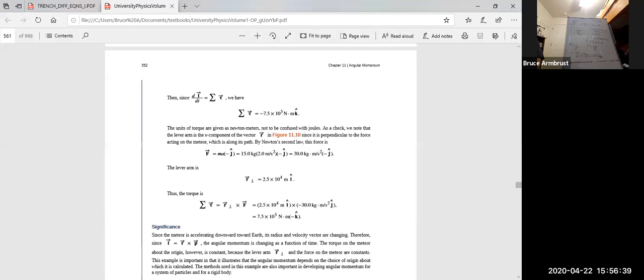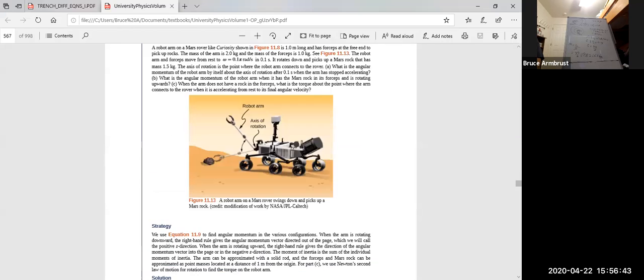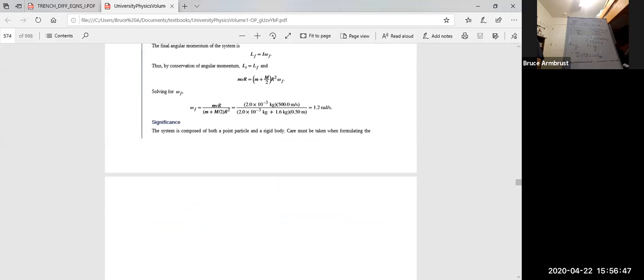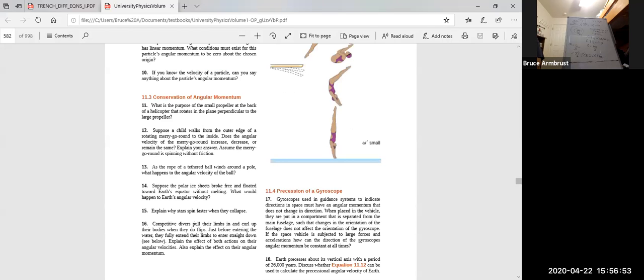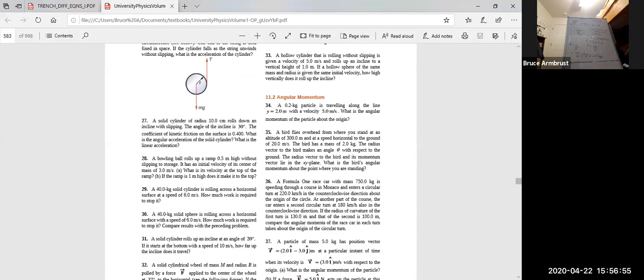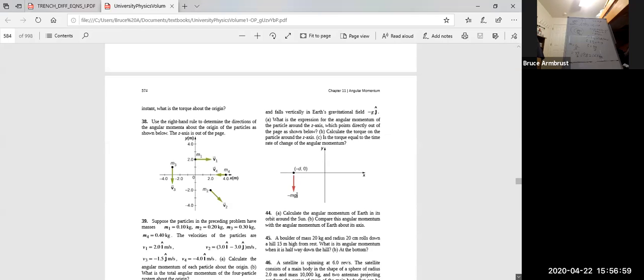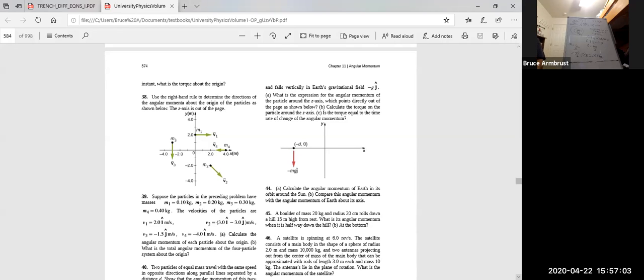Okay, I'm sharing my screen again. Here's 38, and 39 is right below it.